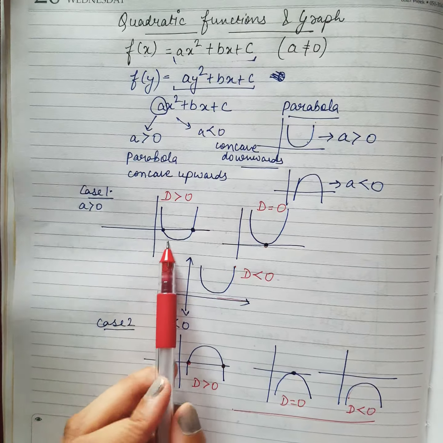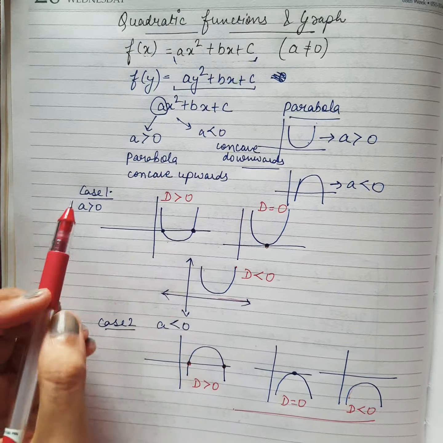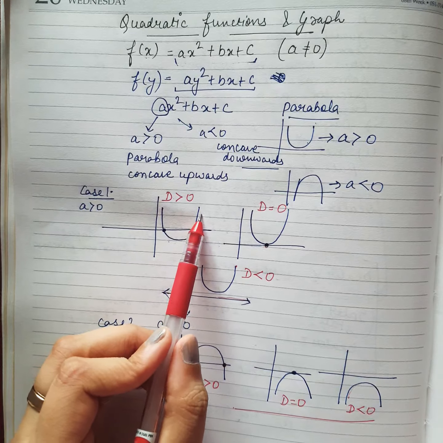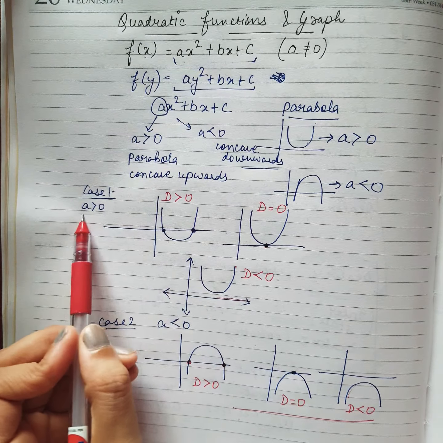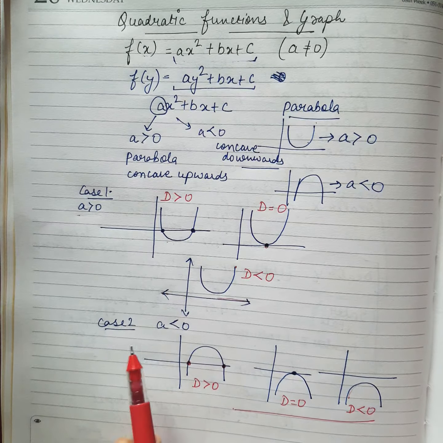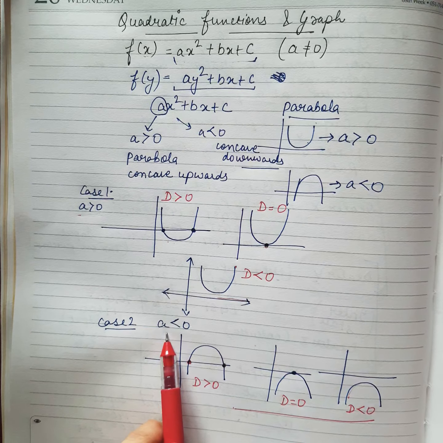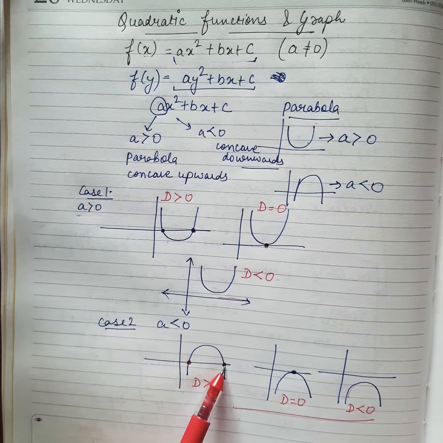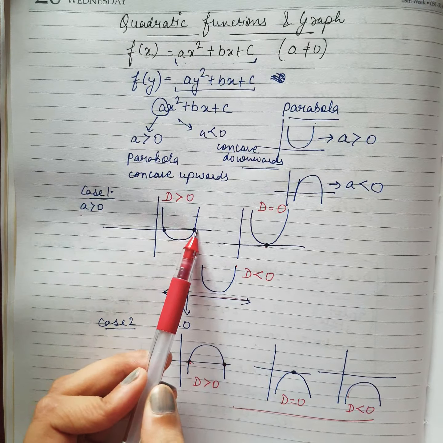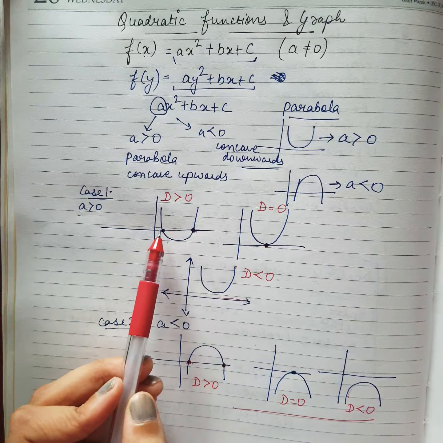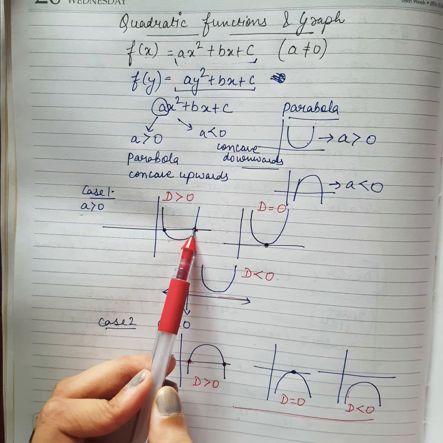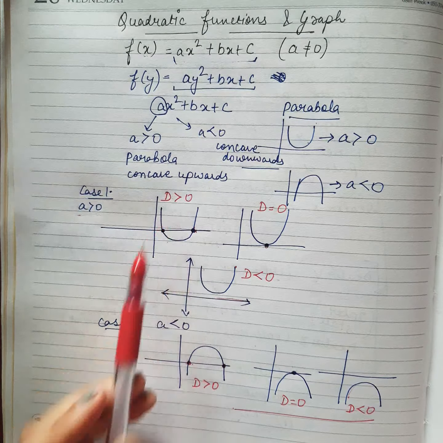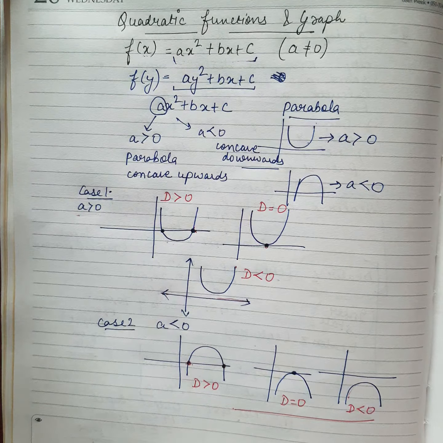So by looking at the graph, we can tell whether, if it is concave upwards, we can directly say a is greater than 0. If it is concave downwards, a is less than 0. Right. Second thing, if it is touching the real axis 2 times, 2 points, then that means these two are the roots of that particular quadratic equation and discriminant is greater than 0.